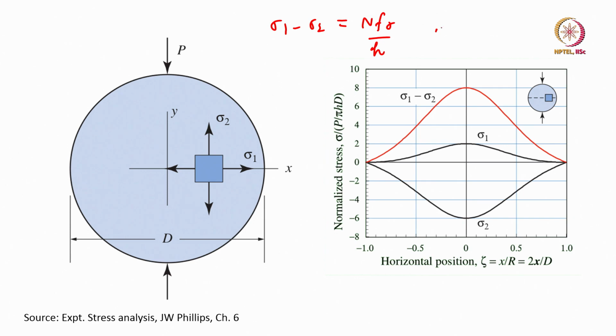So, the sigma 1 minus sigma 2 is proportional to n, which means if sigma 1 minus sigma 2 is very small, then n is also small. So, the 0th order fringe comes at the outer boundaries. Okay. The highest fringe order, if you are going along this horizontal diameter direction from the outward to the inside, should come in the middle, because that is where sigma 1 minus sigma 2 has its largest value. Okay.